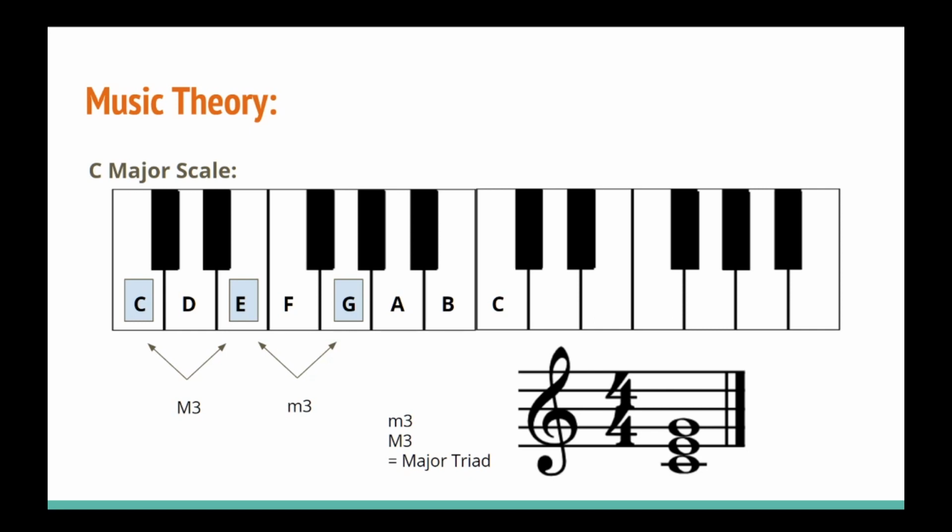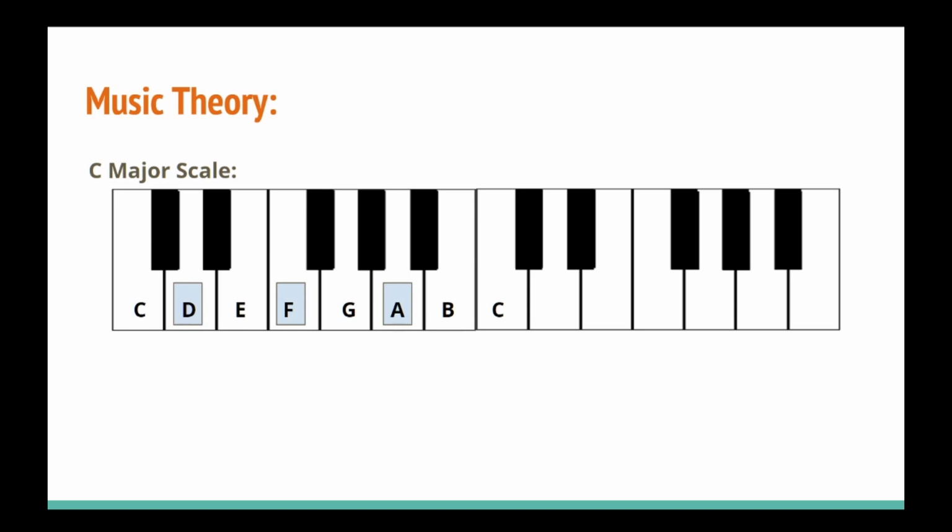If we follow the same add-skip rule for the rest of the scale, we can build the next chord by starting with the second scale degree, skipping the next note, adding the third, skipping the fourth, and then adding the fifth. This gives us a D minor triad. We know it's a minor triad because the distance between the first two notes is a minor third, and the distance between the second two is a major third.